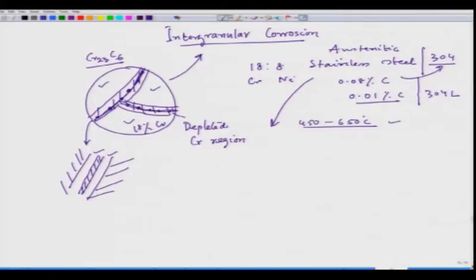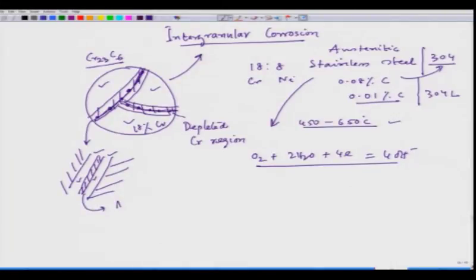So, we have a huge area where cathodic reactions are taking place, and if it is dipped in neutral NaCl solution, the cathodic reaction would be O2 plus 2H2O plus 4e equal to 4OH minus. This cathodic reaction happens on the huge chromium oxide covered regions, and this small region would act as anode.